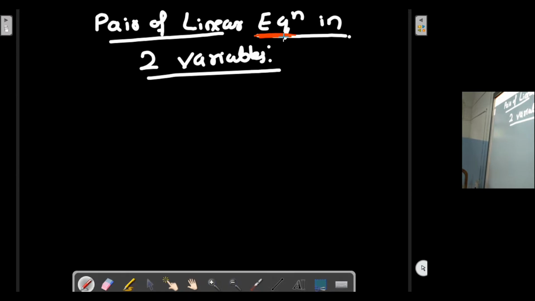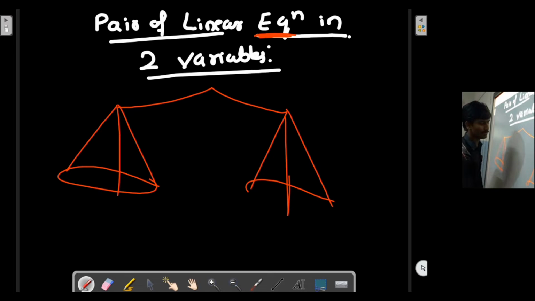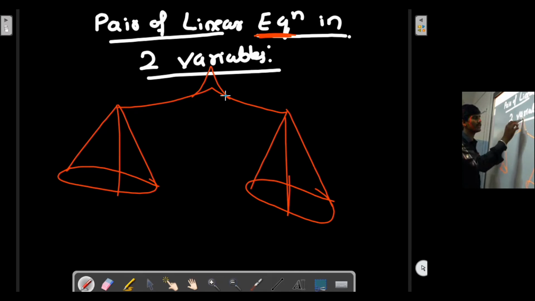Next, anyone? I think last year I had explained this one. Equation means what? I showed something, a weighing machine. Remember? In the market, you observed this one.